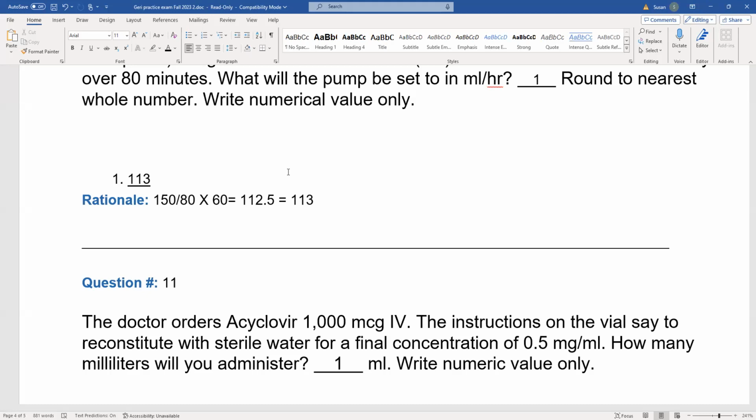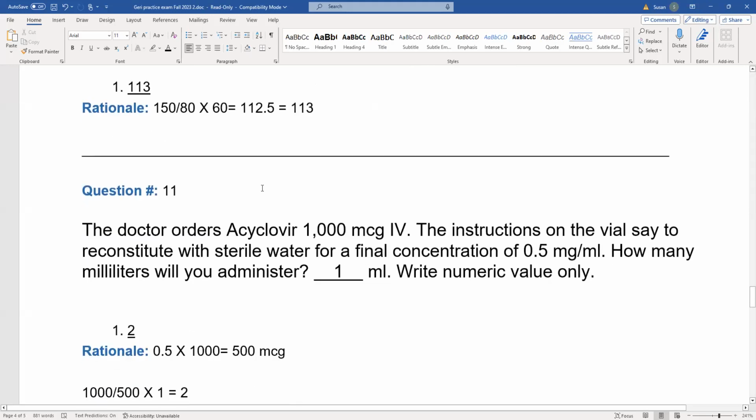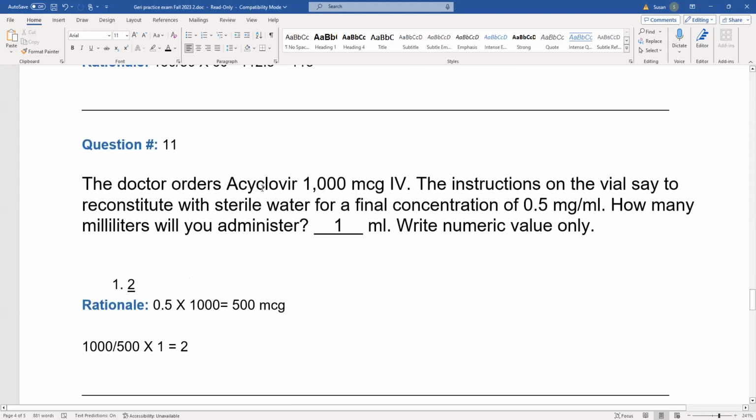Okay. So that would give you 1,000 divided by 1. And then 1 divided by 0.5 is 2.0.